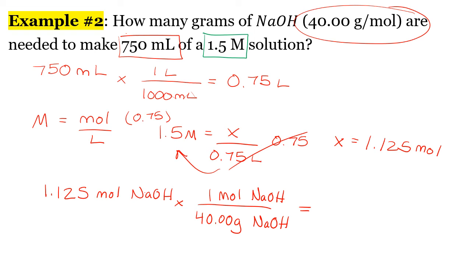So 1.125 multiplied by 40 gives us a nice clean 45 grams. And in the question, 1.5 is 2 sig figs. 750 is also 2 sig figs. So this is going to be our final answer.